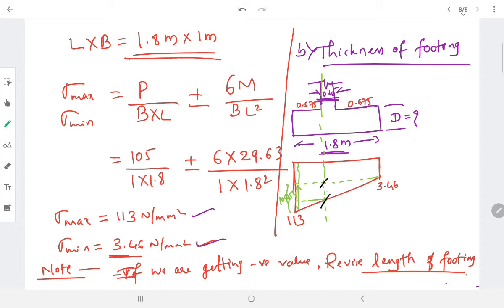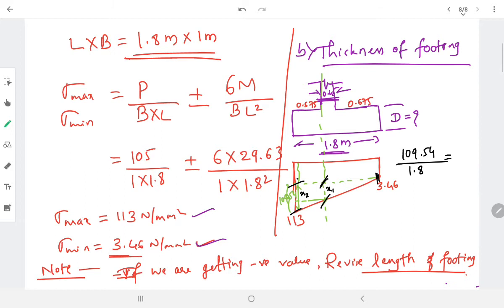I need to get what is this x value. Say this one is x1 and this one is x2. Use the similar triangular concept and just calculate what is x1 value. Here it is 109.54, this triangle, and this is 1.8 and this one is 0.675 plus 0.45.